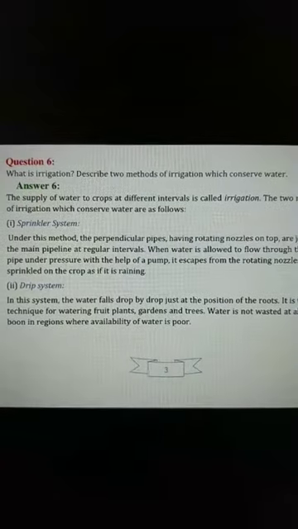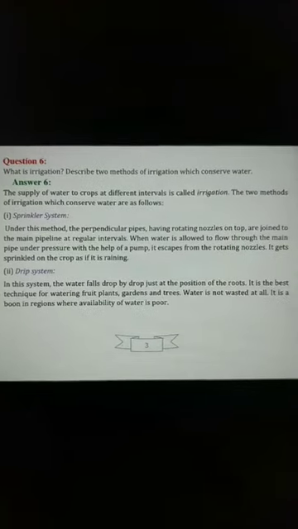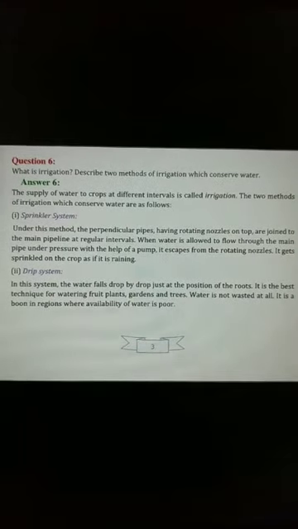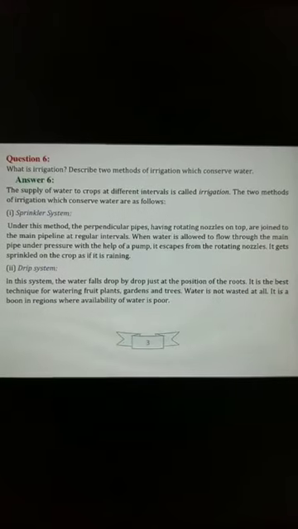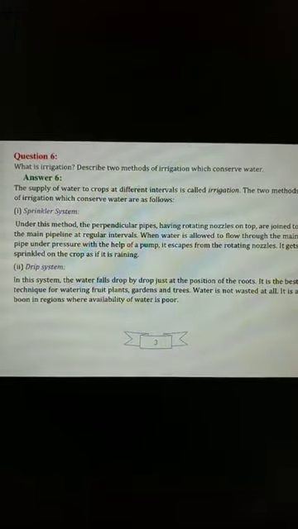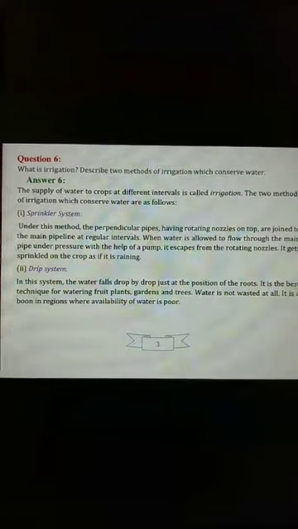Question number 6. What is irrigation? Describe two methods of irrigation which conserve water. So what does irrigation mean? And you can write the two irrigation methods which can save water. Answer: the supply of water to crops at different intervals is called irrigation.